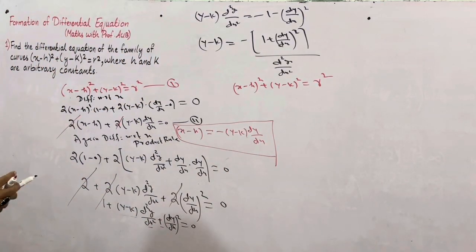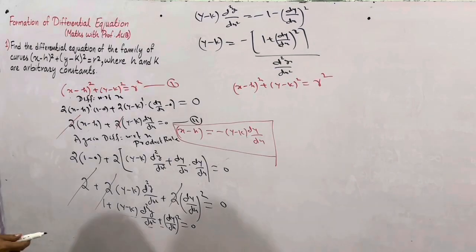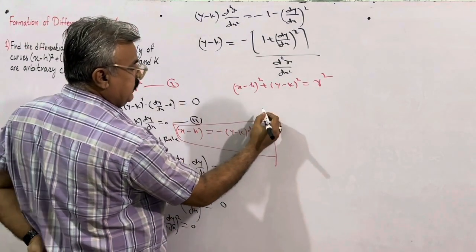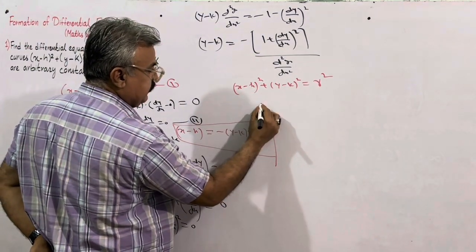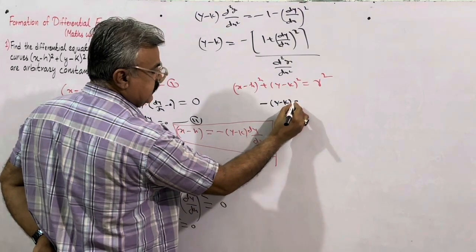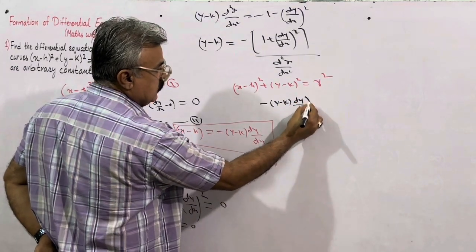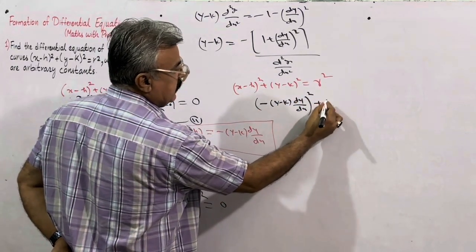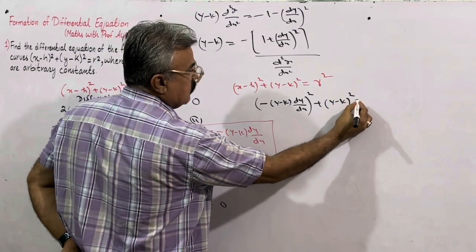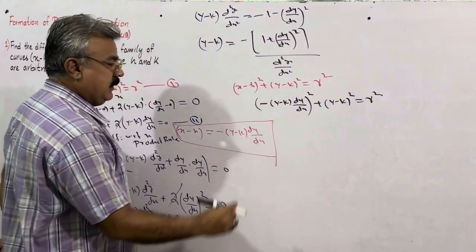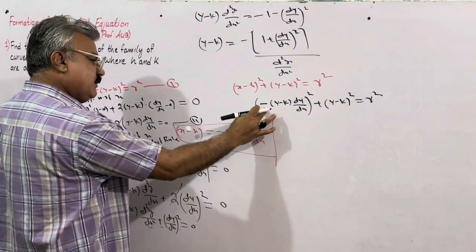Let me write again, x minus h whole square plus y minus k whole square is equal to r square. First let me replace the value of x minus h here. What is the value of x minus h here? That is negative y minus k dy over dx whole squared plus y minus k whole squared is equal to r squared. This negative will be neutralized, it will become positive.